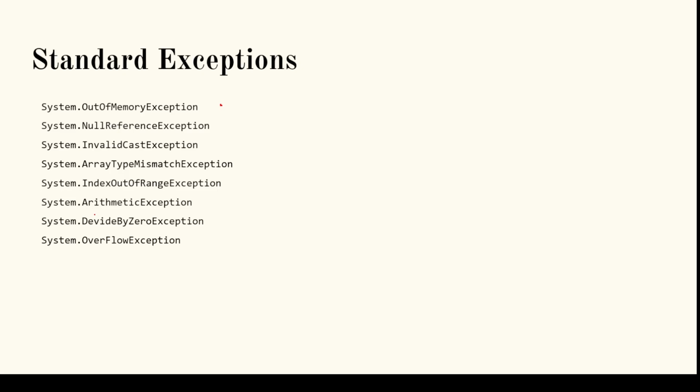As the name suggests, if you are trying to divide a number by zero, this particular exception will be thrown. Overflow exception will occur if you are trying to store a number that is not supported by the variable in which you are trying to store it. For example, you have a very big number that you are trying to store in an int variable, but there is a range that an int variable can store. If you go beyond or below that, you will get the overflow exception.